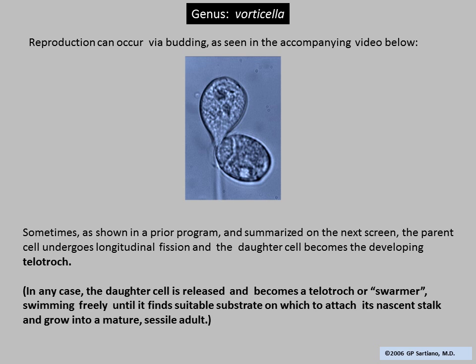In any case, the daughter cell is released and becomes a telotroch or swarmer, swimming freely until it finds suitable substrate on which to attach its nascent stalk and grow into a mature sessile adult.